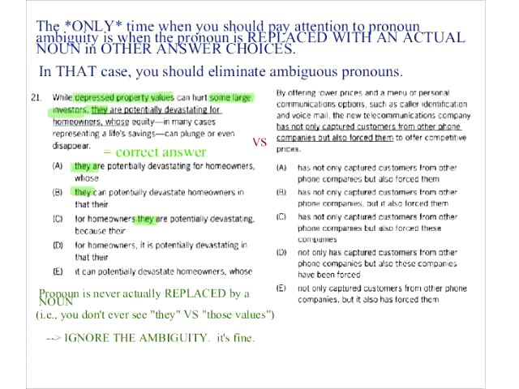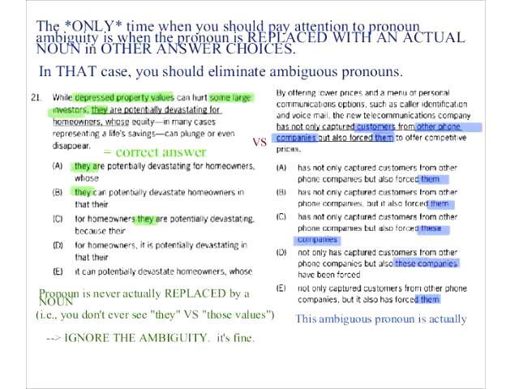Notice in this case you actually have a replacement. So here's a them, here's a them, here's a these companies, here's a these companies, and here's a them. In this case, you actually have a replacement of this ambiguous pronoun. And notice that it's ambiguous. The ambiguity is that we don't know if it's customers or phone companies.